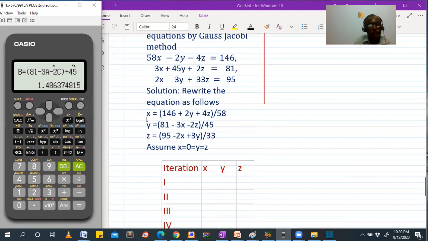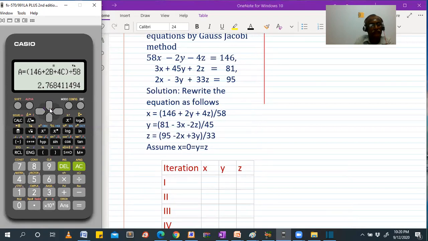Similarly, b can be obtained by putting alpha degree symbol, which will give you b, alpha calc will give you equal to, open bracket 81 minus 3 times a, which is alpha minus 2c alpha hyp, divided by 45.